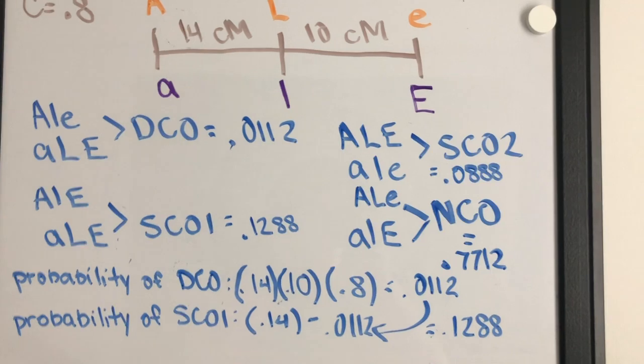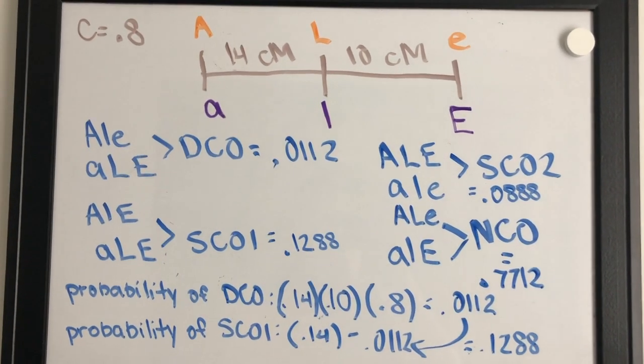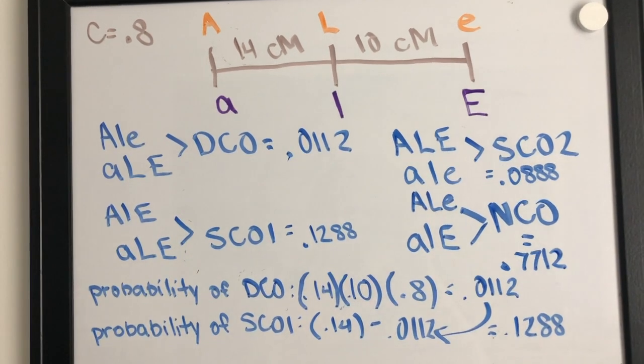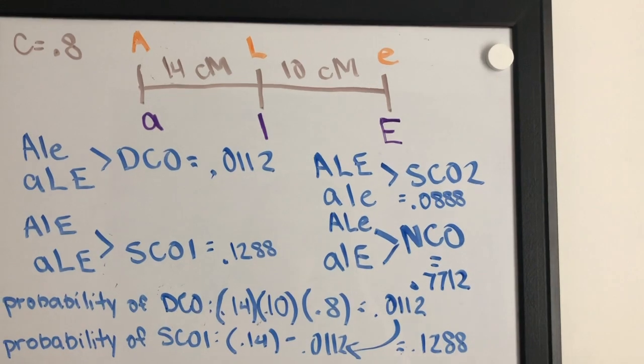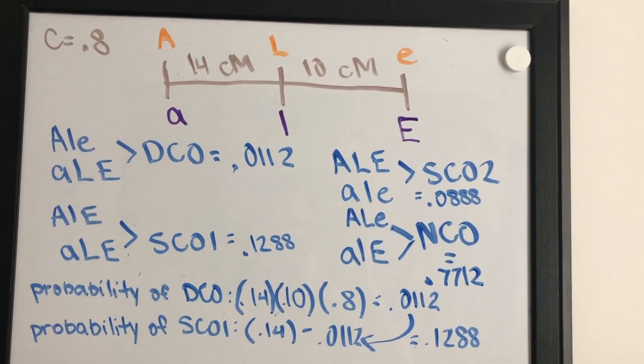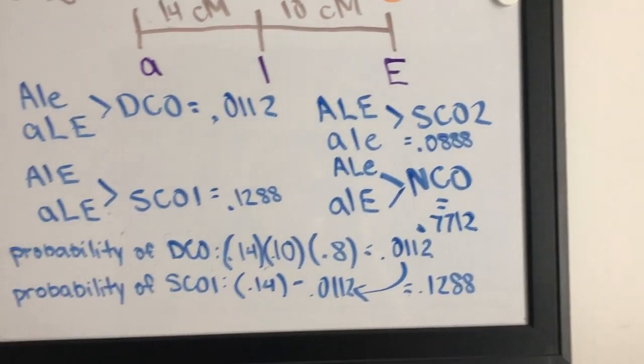So as you can see, I have the calculations up there, and a double crossover is about 1%. A single crossover at position 1 is about 13%. A single crossover at position 2 is about 9%, and no crossover is about 77%.